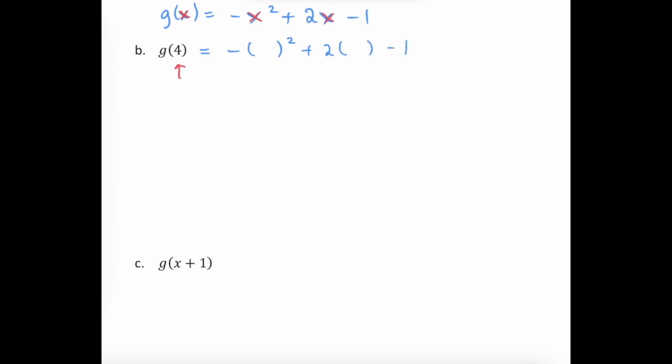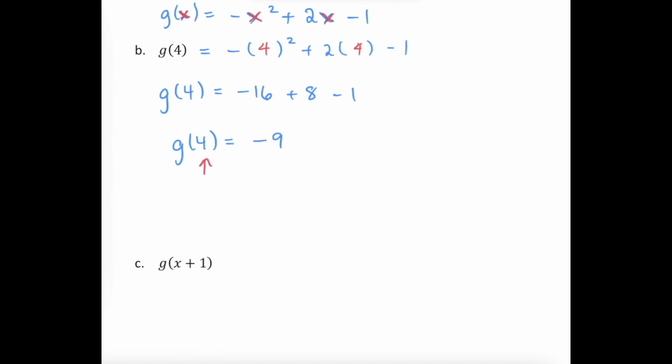So we'll say 4 gets plugged in for all the x's in the function. So now we will copy paste the left hand side. This is g at 4 that we're finding. We've got negative 4 squared, which is negative 16, plus 8 minus 1, and therefore g at 4 turns out to be negative 16 plus 8 is negative 8 minus 1 is again negative 9.